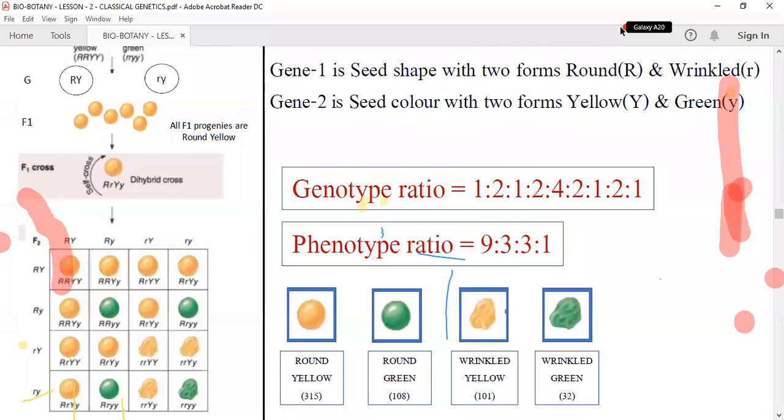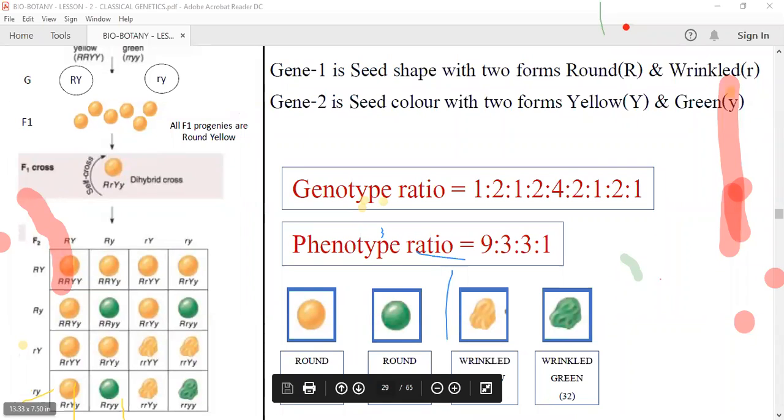The linear unbranched amylose is converted into a branched starch, amylopectin, so we can get the round pea. If it is having a recessive allele, small r, it means inactive enzyme, so there is no conversion of the linear unbranched starch amylose. So the linear unbranched amylose will give the wrinkled shape.